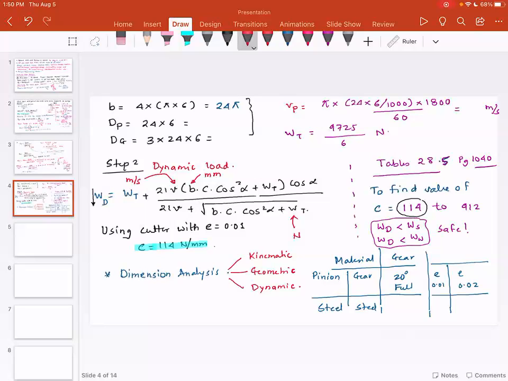Geometric similarity, in other words, the dimensions are proportional, and dynamic similarity, which is nothing but the forces, are proportional. So as long as these 3 proportions are maintained, the results that are obtained would be proportionate.